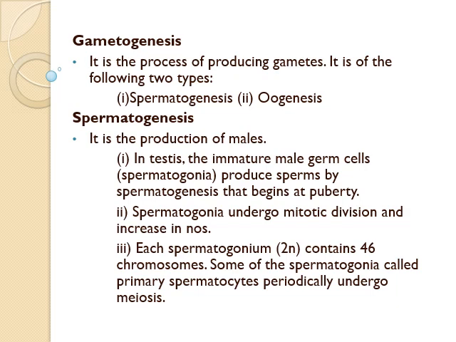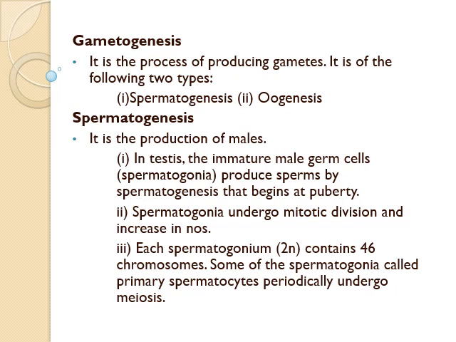These male germ cells are otherwise called spermatogonia, singular spermatogonium. These spermatogonia undergo mitotic division and increase in numbers. Already you know that mitosis is one of the cell divisions. It helps to increase the number of cells while maintaining the same number of chromosomes.